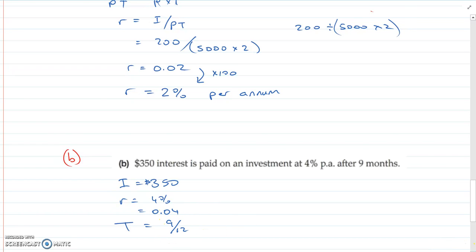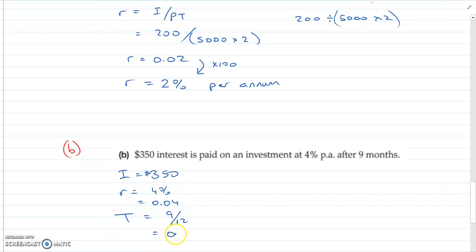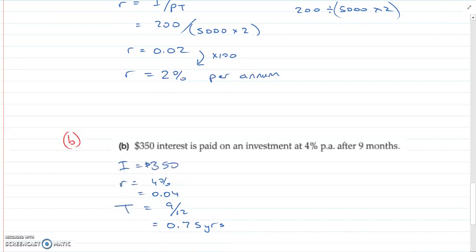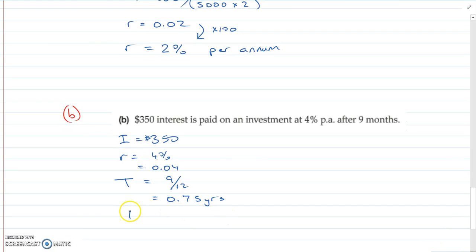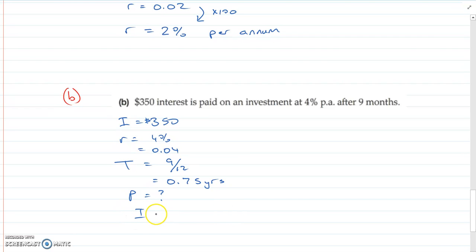So if it's months, divide by 12, and that is 0.75 years. Okay, so the thing we don't know is P. Alright, so we've got I equals PRT. We want P by itself, so we have to divide by the R and the T.